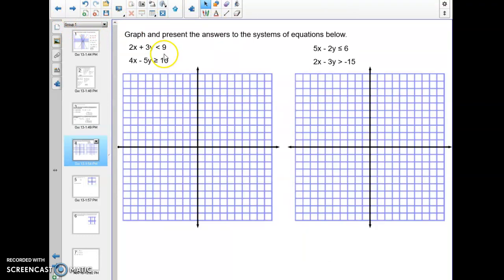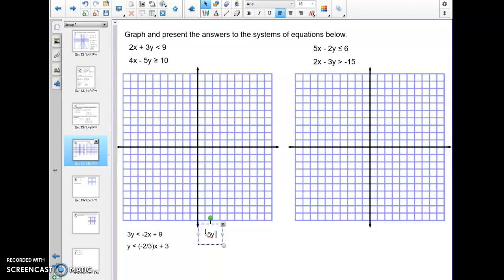Alright. Now we're going to graph systems of inequalities. Our first step is still to graph the line as we normally would. So this becomes 3y is less than negative 2x plus 9. And then we divide everything by 3. Y is less than negative 2/3 x plus 3. I'm going to take my second inequality, negative 5y.